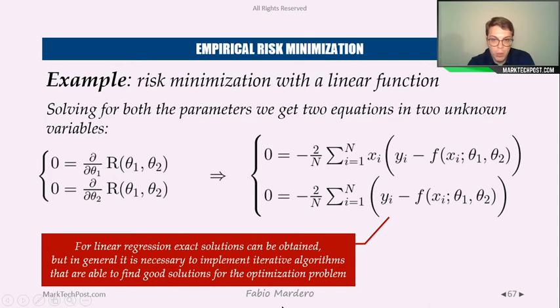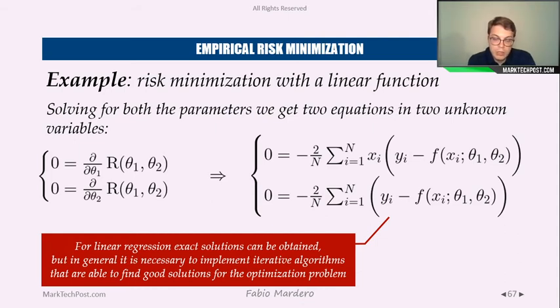So solving for both the parameters, we get two equations, of course, one for each of the parameters, in two unknown variables. In particular, with linear regression, we can get exact solutions. But in general, it's necessary to implement iterative algorithms to get some solutions to this system of equations.